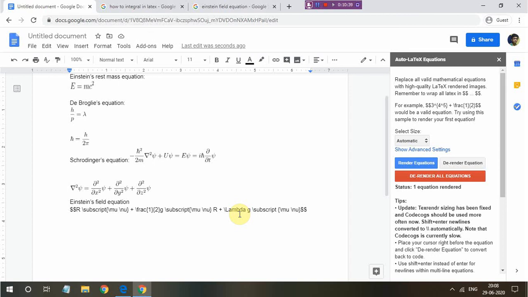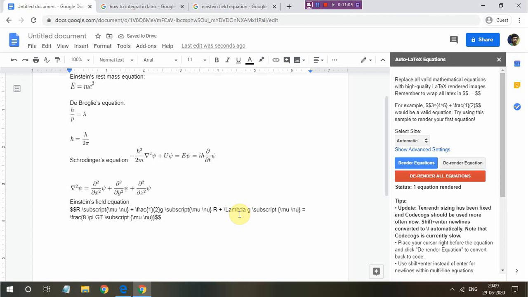Here R is the curvature scalar, but R mu nu is the Ricci curvature tensor. Anyway, we don't need to go into the technical details of the equation. That's again a fraction. This is the RHS of the equation, 8 pi G, where G is Newton's gravitational constant, G T mu nu. So T, then we will have a subscript mu nu.